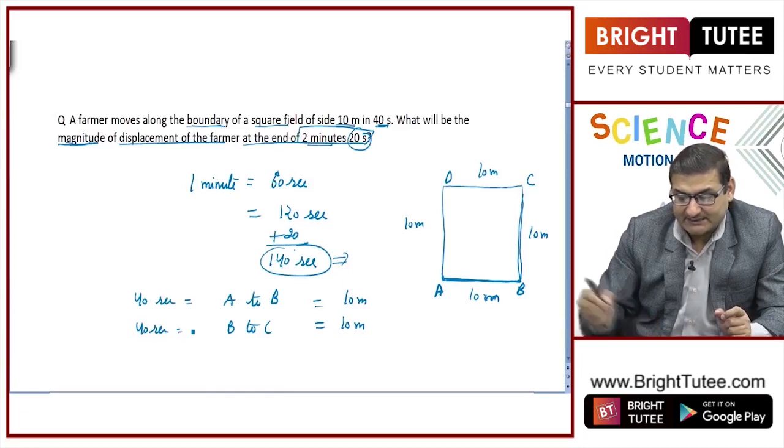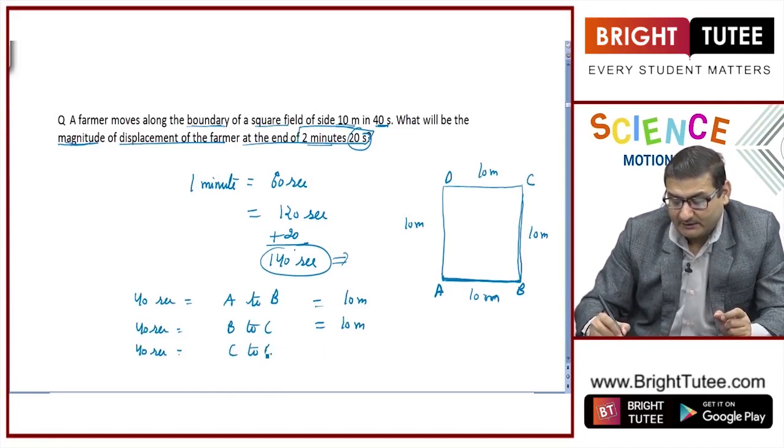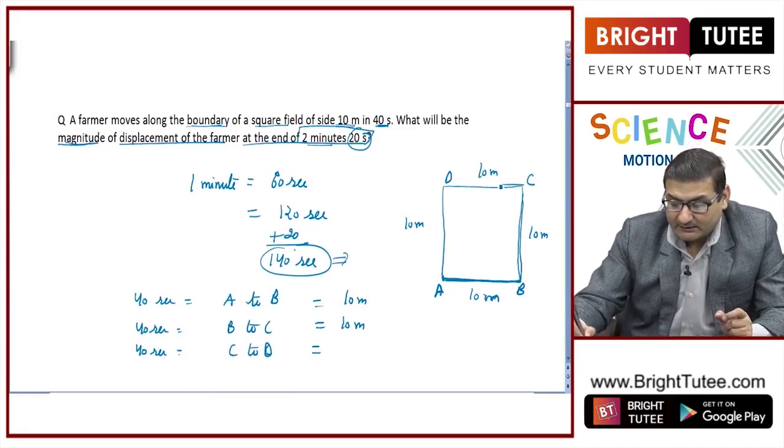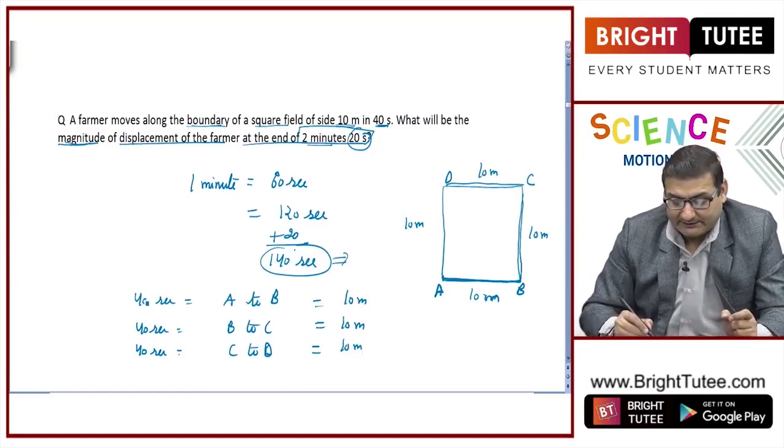Then in the next 40 seconds he will be moving from C to D, that will be another 10 meters, right. Now this is 40 plus 40 plus 40, 120 seconds.